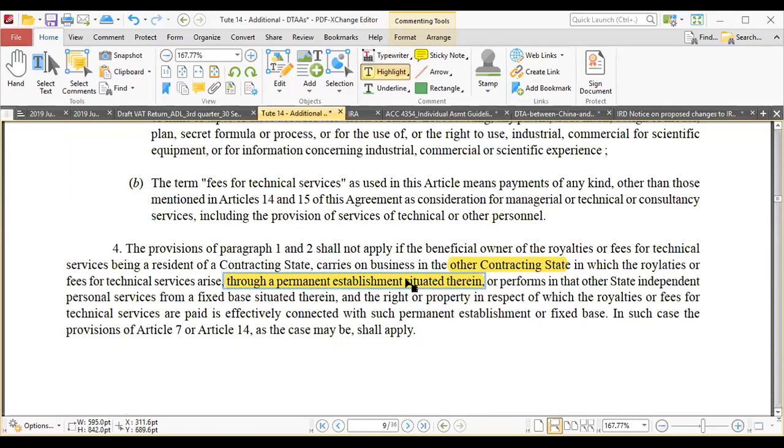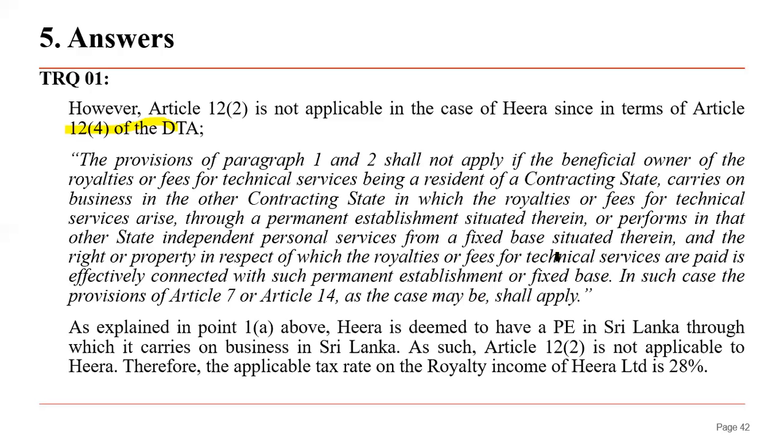If they have a profit through a PE, then they have to compute the tax according to Article 7, business profits, since they have a PE. It's clear now, I think. Then they have a permanent establishment or fixed base, because permanent establishment means agency PE. Hera is having an agency PE.